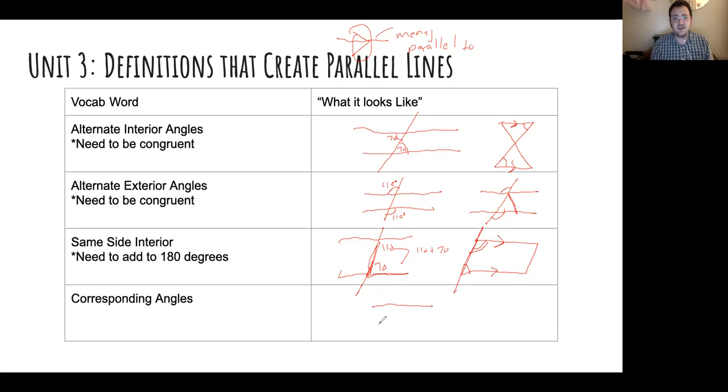And then the corresponding angles, this is when you have a situation where you have the same relative location. So actually, let's say that that's 110 and that's 110. And I just put what these angles are looking like. And we want corresponding angles to be congruent. So they need to be congruent.